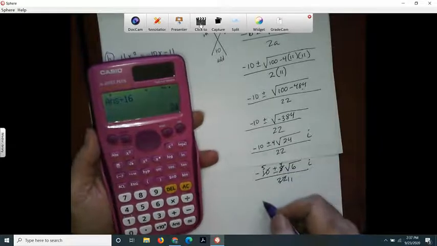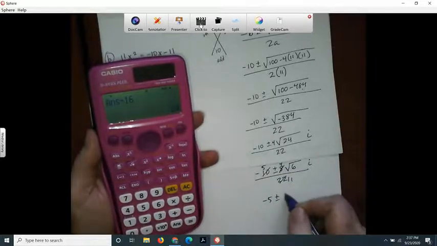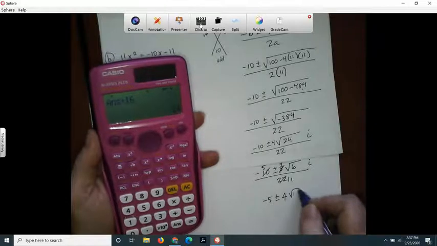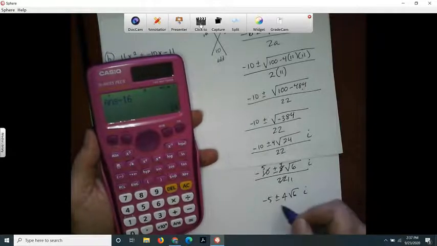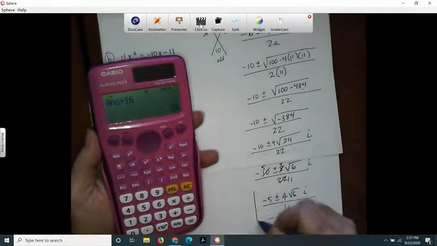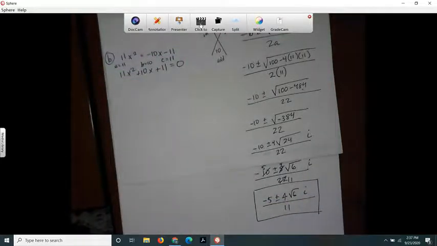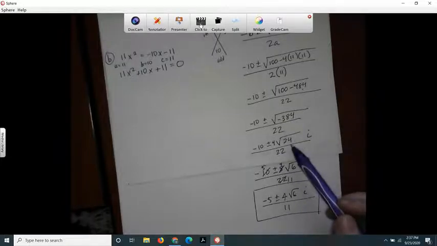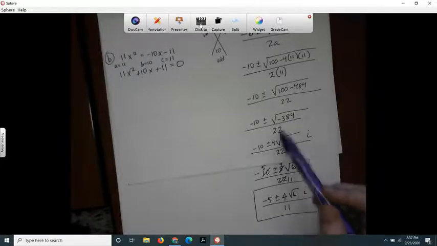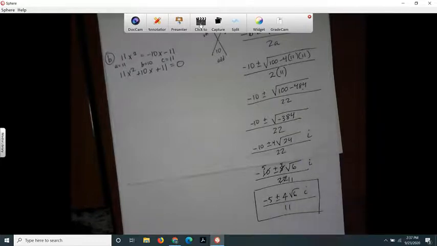So this will be negative 5 plus or minus. Okay, if you left your answer looking a little like this, where you'd have to take the i out, I'd probably still give you credit for it, but this was the focus problem. So I would hope that you guys know how to do this.